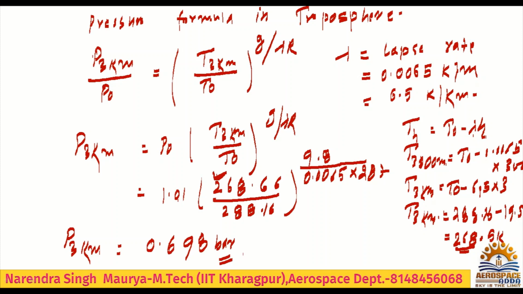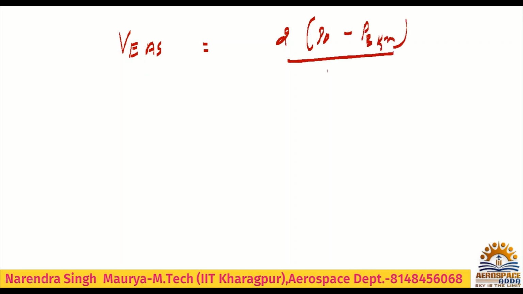All right, now the pressure at 3 kilometer you know. So this 3 kilometer pressure is the static pressure for the aircraft at 3 kilometer, yes or no? Now if you want to calculate the sea level equivalent air speed, it will be the square root of 2 times P naught minus P at 3 kilometer, that is the static pressure, divided by density at sea level.